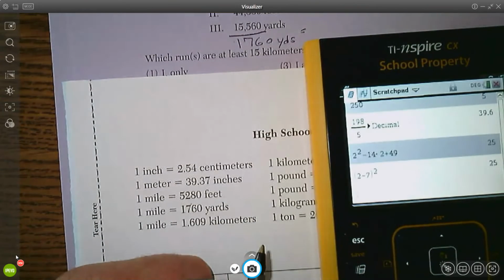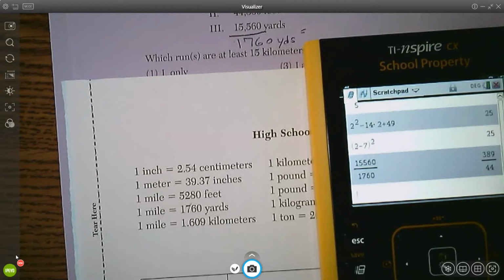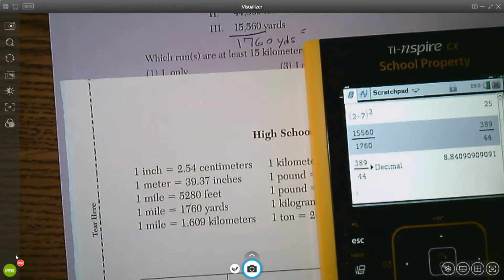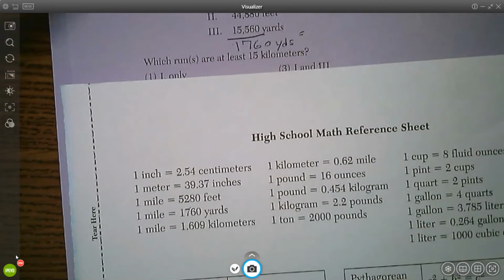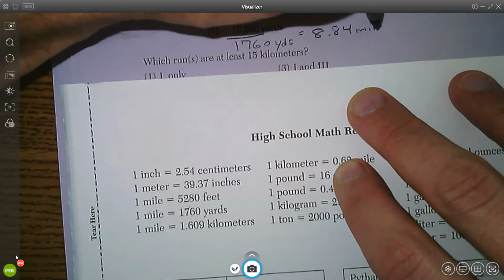So if we go to a calculator, 15,560 divided by 1,760, and change this to a decimal, 8.84 miles.